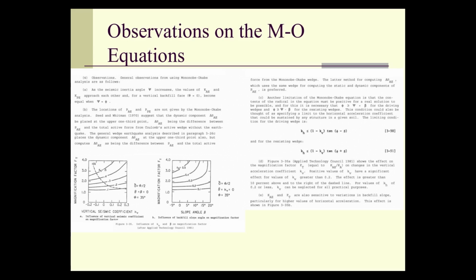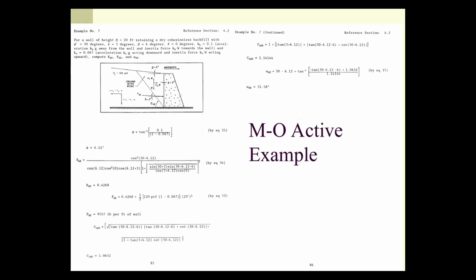There are also some other things that we look at, and you can read those as well. But I want to get to an active earth pressure example. We have a wall, another one of those 20-foot high retaining walls. That's where I got all these, by the way: Seismic Design of Waterfront Retaining Structures. Phi is 30 degrees, delta is equal to 3 degrees, beta is 6.